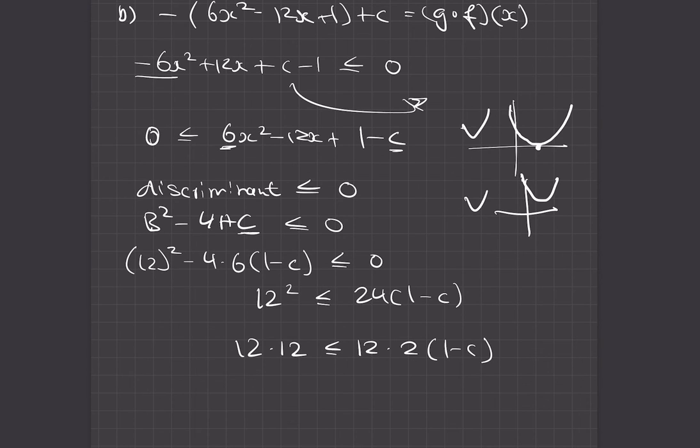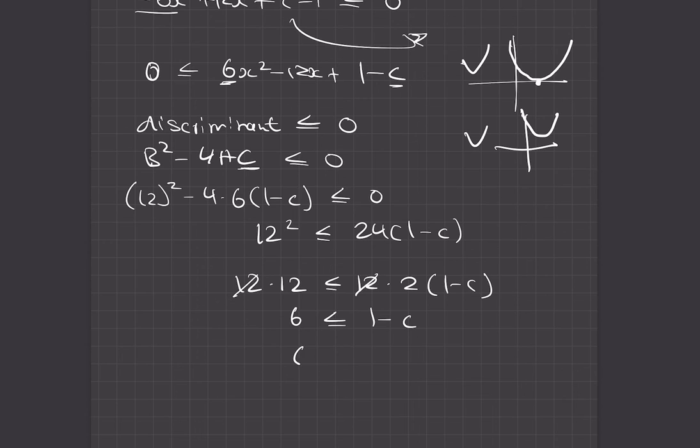Because 24 is 12 times 2, so we can cancel these 12s, and we can divide by 2, so 6 is less than or equal to 1 minus c. Moving this over, c is less than or equal to minus 5, because I add c and then subtract 6. And so these are the values of c for which g of f of x is less than or equal to 0 for all x.